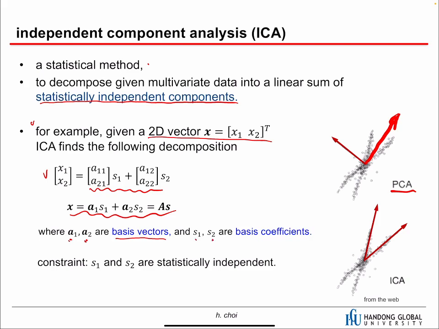And S1 and S2 are the basis coefficients. The constraint is that S1 and S2 are statistically independent. In PCA, S1 and S2 are supposed to be uncorrelated, not independent. If we assume that the sources are Gaussian, then uncorrelatedness is enough.